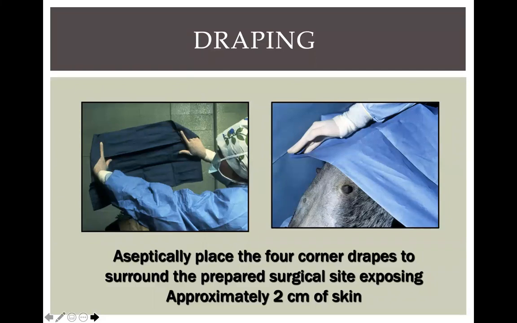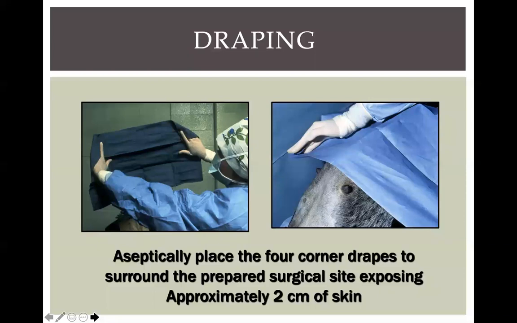These 4-corner drapes are going to be placed around the proposed surgical site, and we're going to leave a very small amount of skin exposed next to where we anticipate our surgical incision, and everything else gets covered.